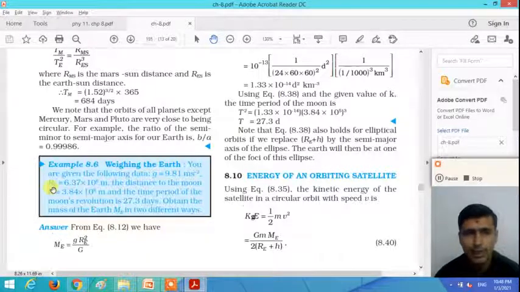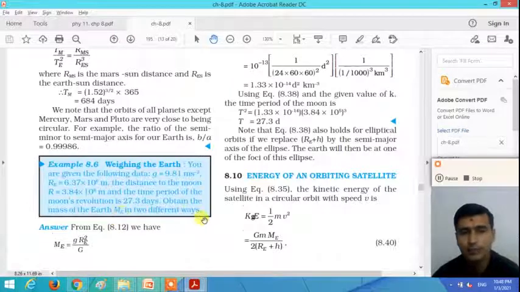Radius of the Earth Re is equal to 6.37 into 10 raised to 6 meter. The distance to the moon, capital R, is equal to 3.84 into 10 raised to 8 meter. And the periodic time of the moon's revolution is 27.3 days. Obtain the mass of the Earth ME in two different ways.